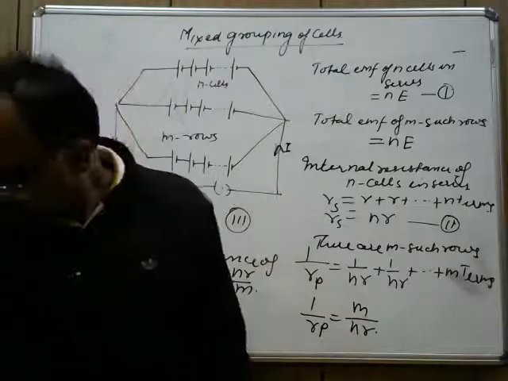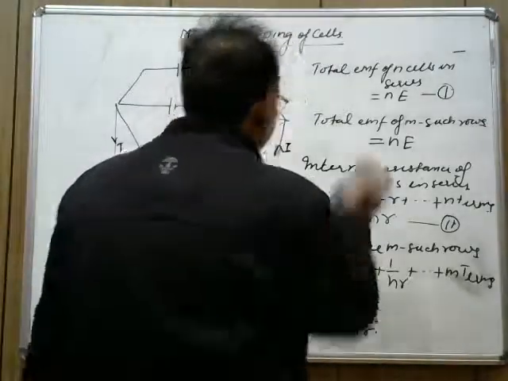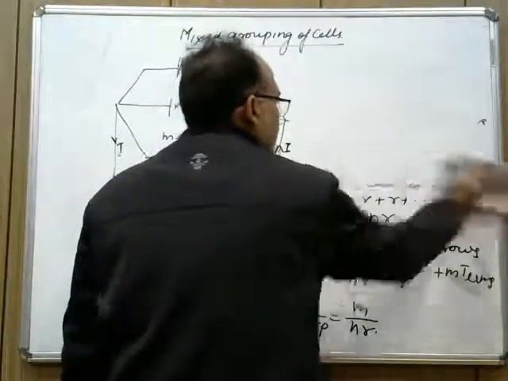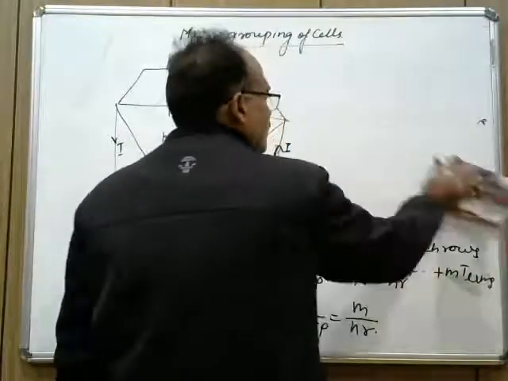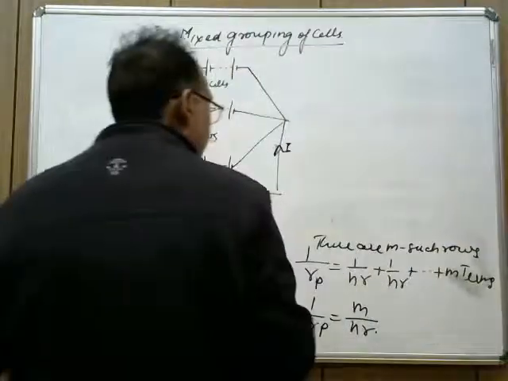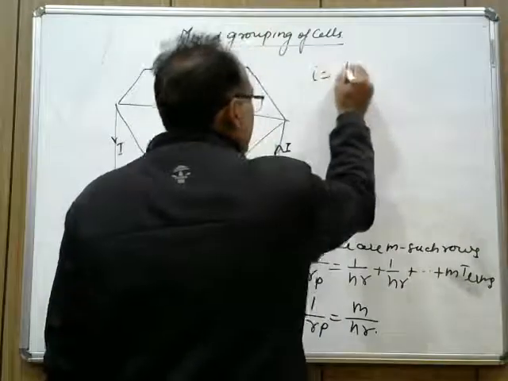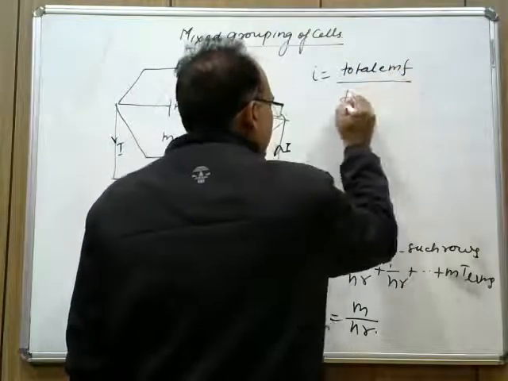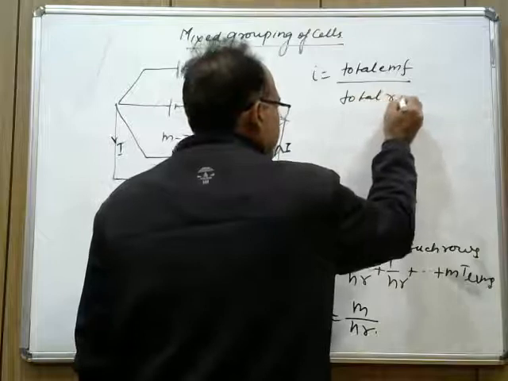Now we can find out the expression of current. That is, I is equal to total EMF upon total resistance.